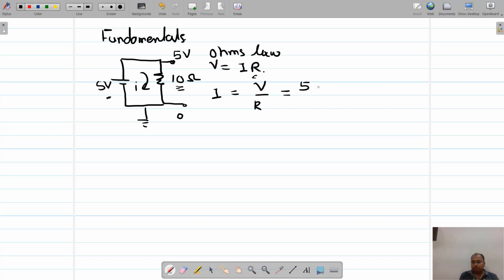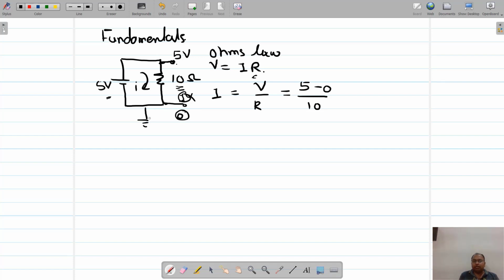So with respect to something we measure the drop, and here the drop is measured with respect to ground. We need to consider the two terminals of that resistor and check the values of voltages across those two terminals. If the other value is, let us say, 1, we'll talk about that in the next example, but right now it is 0.